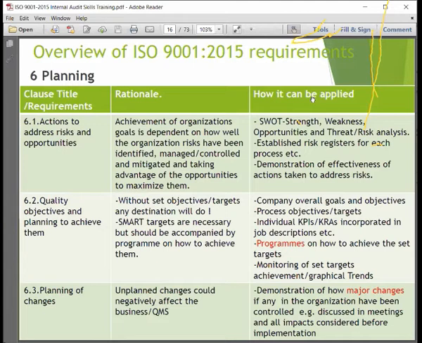There is also 6.3, planning of changes. Still on planning, changes have to be planned. If we are moving offices, I don't know how that plan has been done. The rationale here is that unplanned changes could negatively affect the business or QMS.